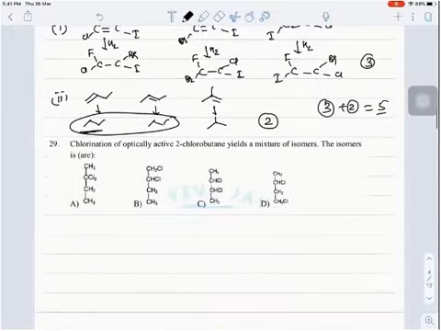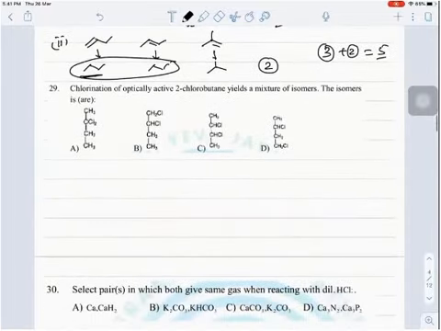Next, question number 29. Here there is optically active 2-chlorobutane which is chlorinated.